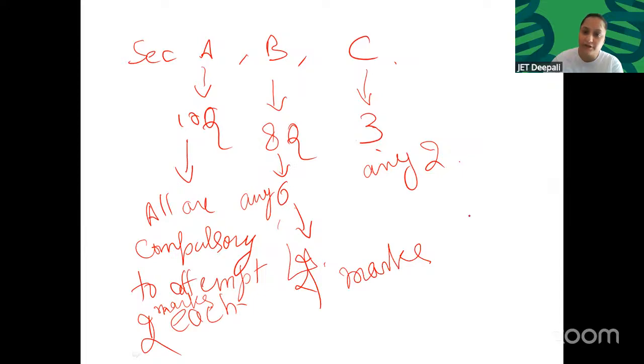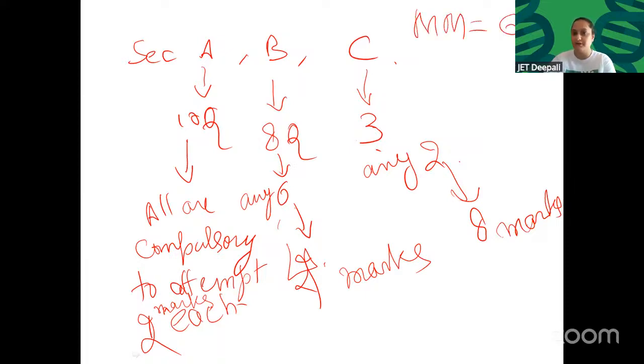And here you will get 8 marks. Total, that is maximum marks, is equal to 60 marks. So we are going to target this 60. All questions you have to attempt. You will get 20 marks in this. 4 marks, 6 questions, you will get 24 in it. 8 marks, 2 questions, you will get 16 marks in it.